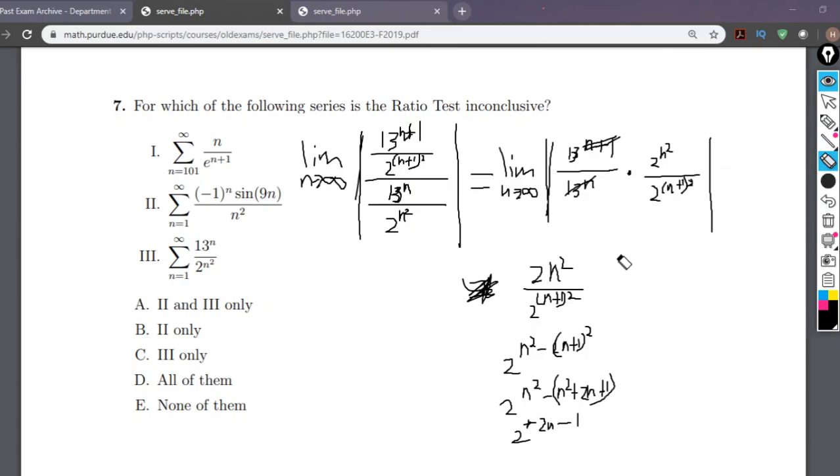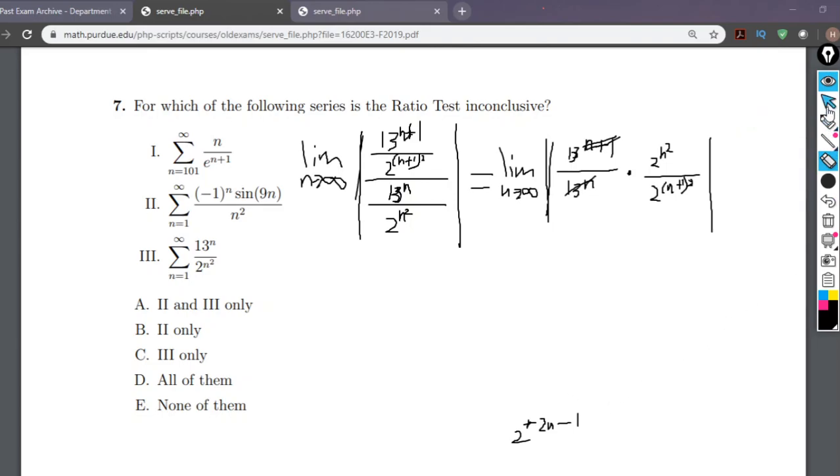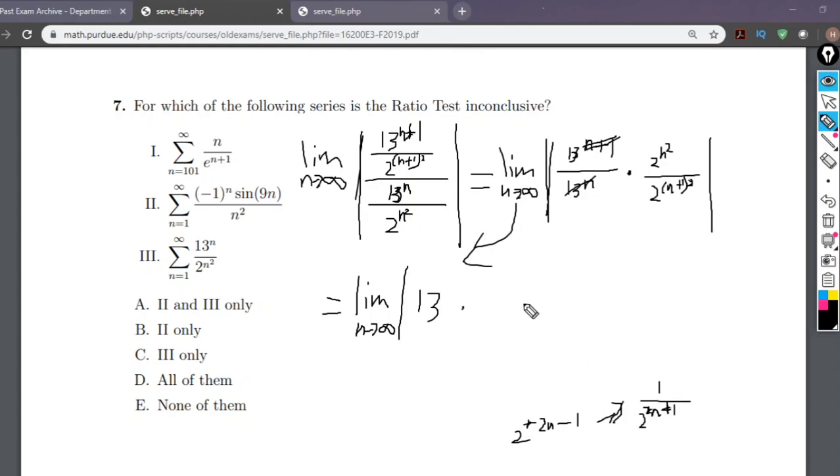So then we can take the limit a step further here, and we will have the limit of n approaching infinity of 13 times, again, the negative power goes to the bottom, so it equals 2 to the 2n plus 1 power, but in the bottom.